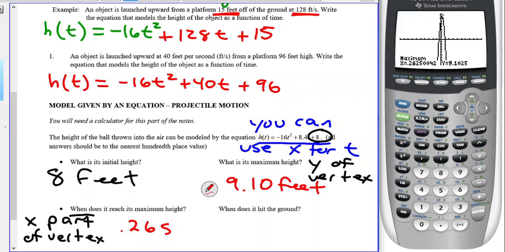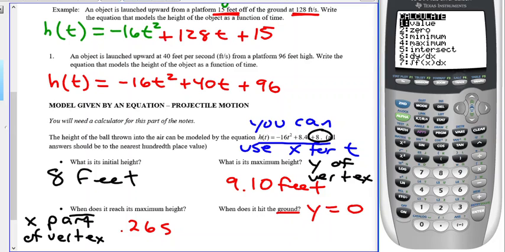Okay? When does it hit the ground? Again, ground implies 0, or y equals 0. So all you're doing for this is solving for t. So go to second calc, 0. Now, you only want the positive one.